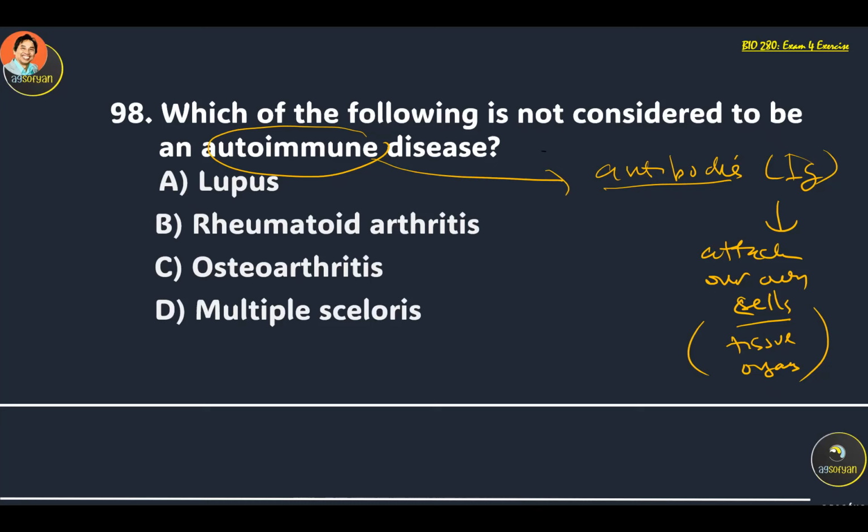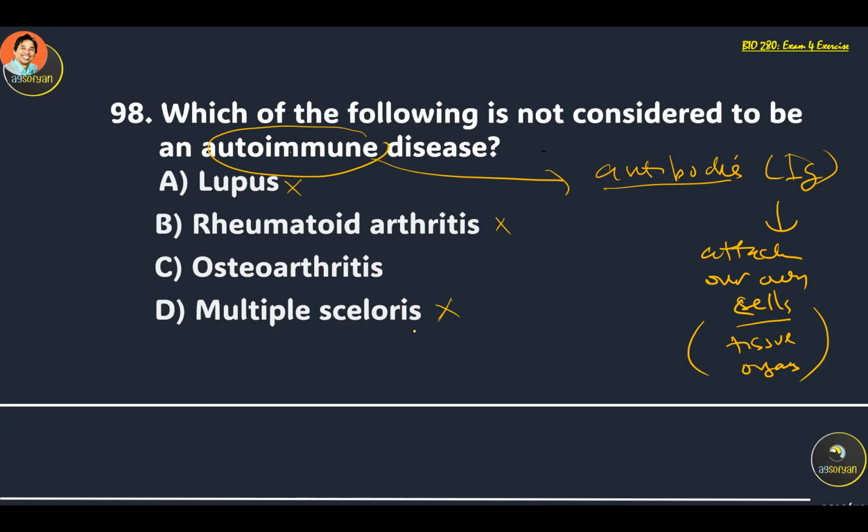There are many types of autoimmune disease. One of them is lupus, and rheumatoid arthritis, especially in the joint between the bones. Multiple sclerosis is also a type of autoimmune disease.